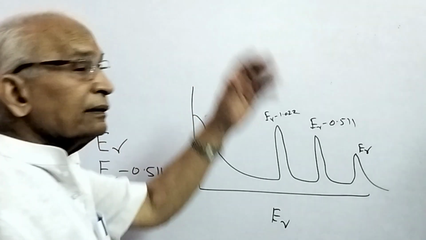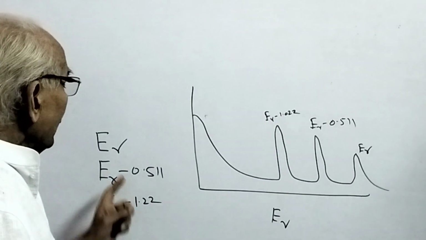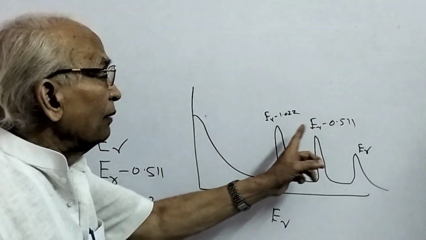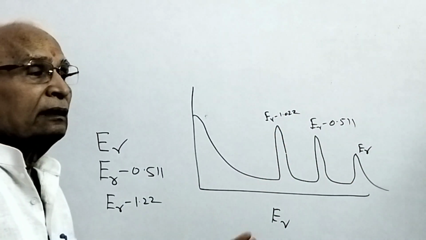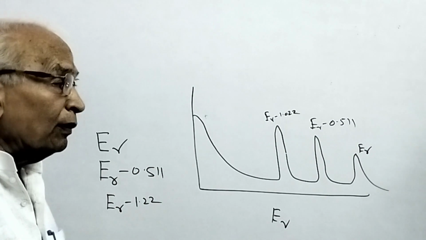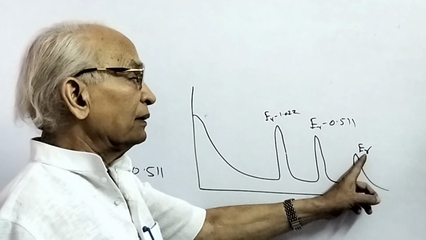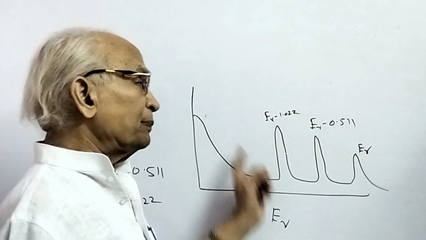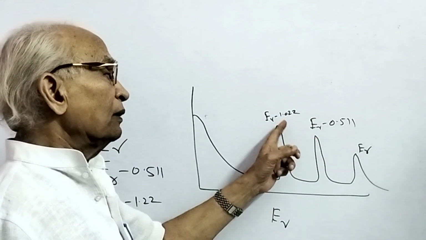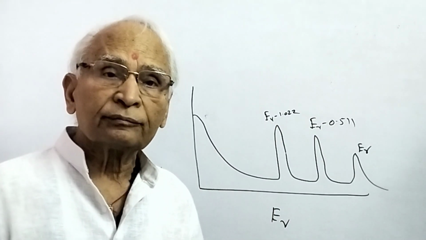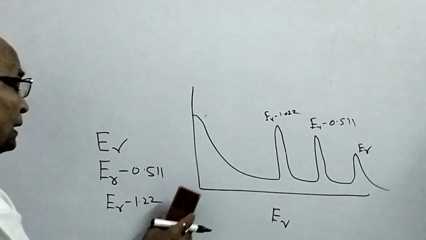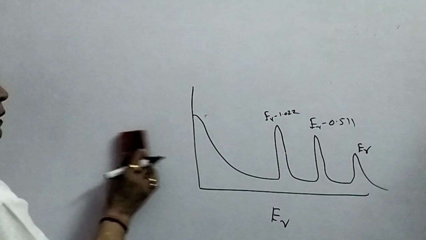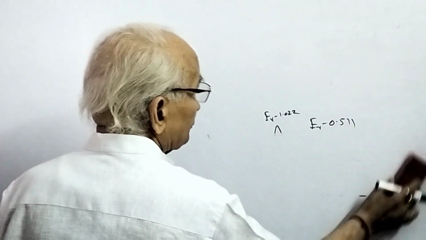So that energy is not available for counting, and hence from 1 gamma ray we get 3 peaks. These 3 peaks are not 3 gamma rays, so we have to be careful: if we have a gamma ray of high energy, we will also have 1 escape and 2 escape gamma peaks in our spectrum. This is to be remembered, that a single gamma ray energy can give you 3 peaks.